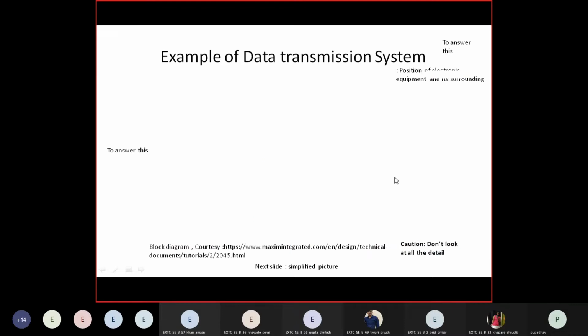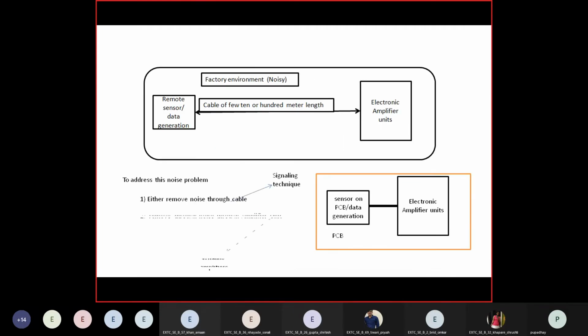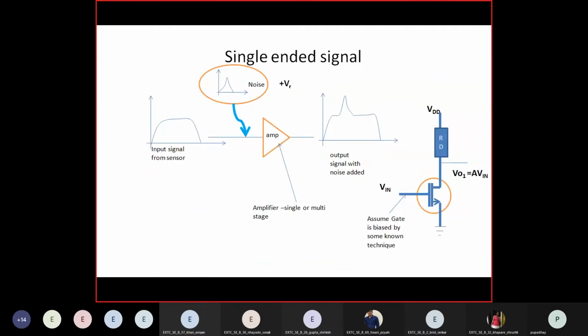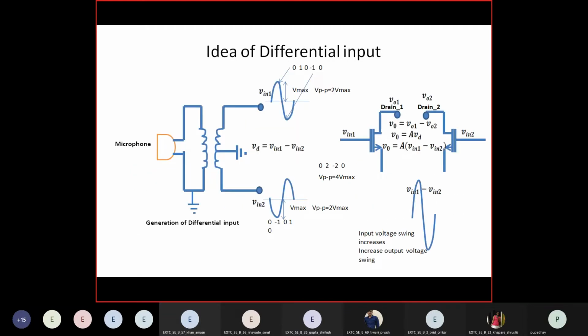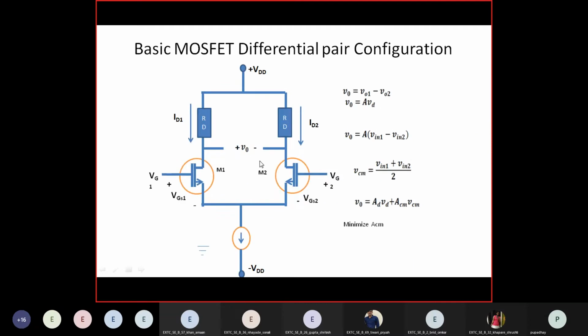This is a single ended signal, and what we do is bring two MOSFETs together, joined in this fashion at their sources, and they form a differential pair configuration.